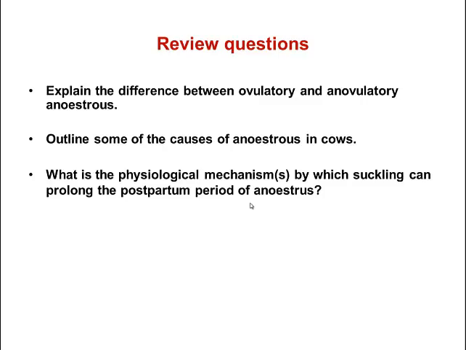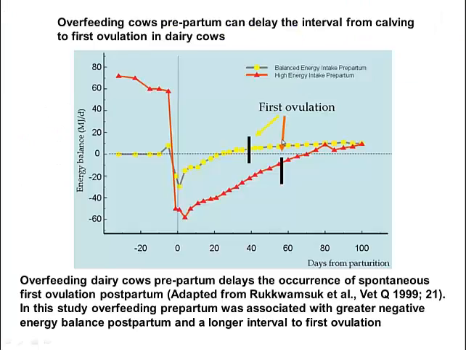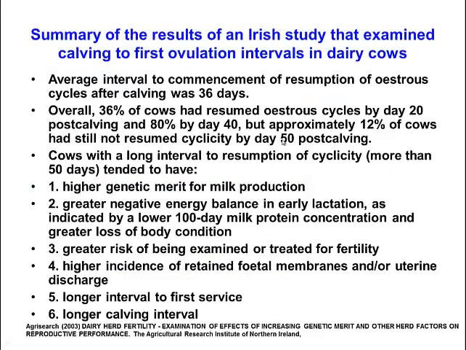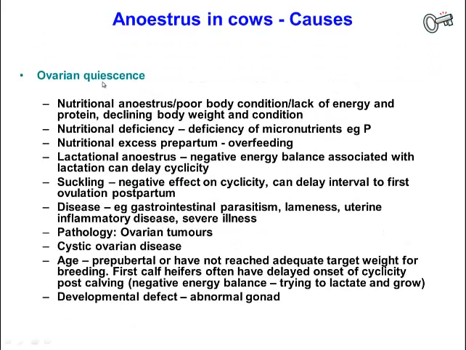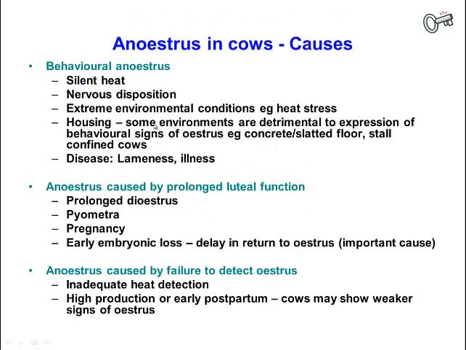Some of the causes of anestrus in cows, well, we had quite a number back here. In this slide here, a whole lot of things that relate to inadequate nutrition, suckling disease, cystic ovarian disease, or if they haven't reached puberty yet, or if they've had their first calf and they're under nutritional stress, developmental defects.